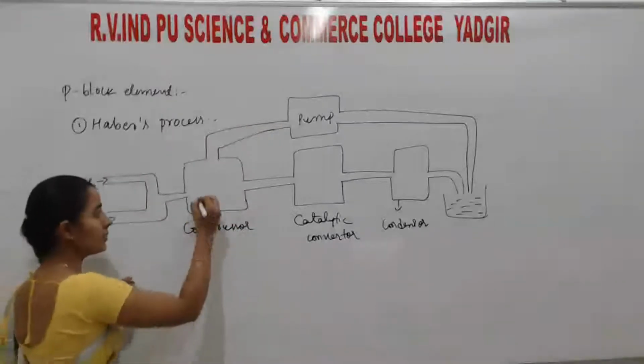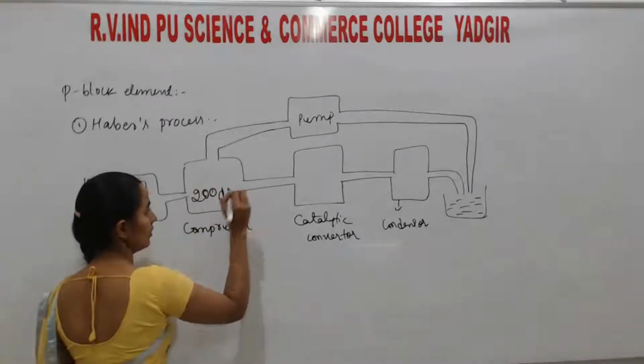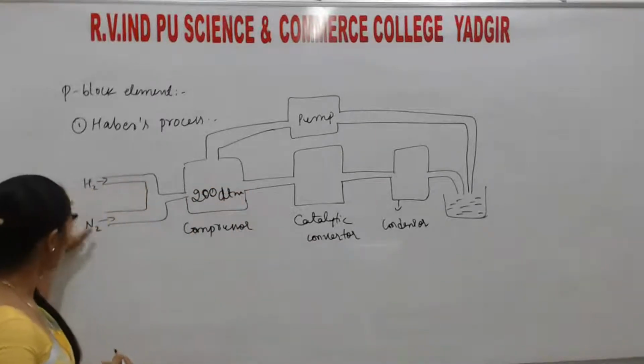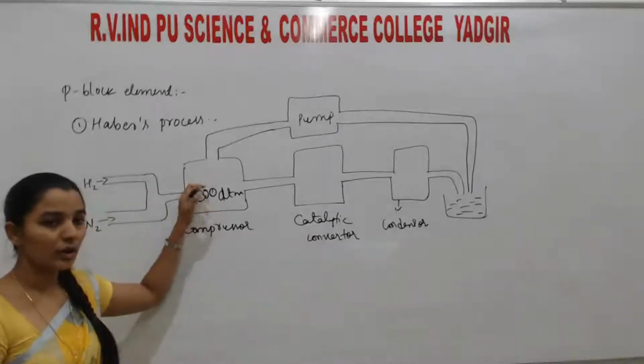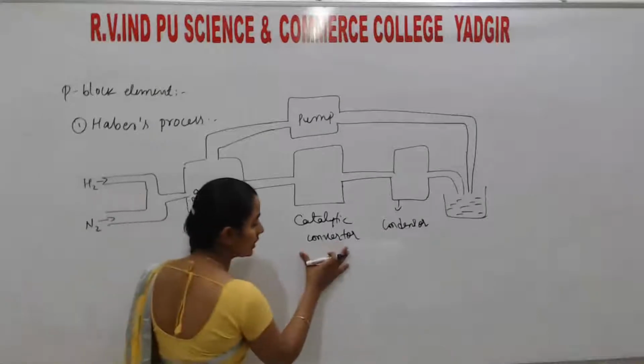In the compressor, 2000 atmospheric pressure will be present. So these N2 and H2 gases are introduced here and compressed under 2000 atmospheric pressure. Here the catalytic converter is there.